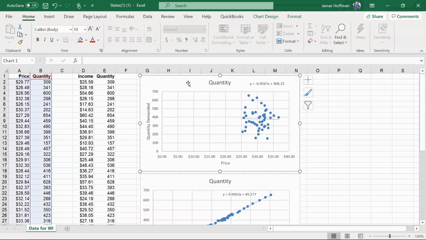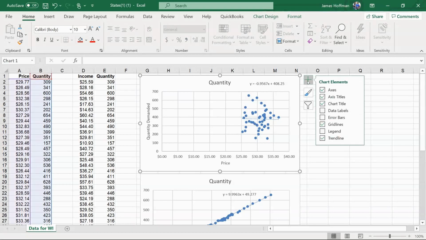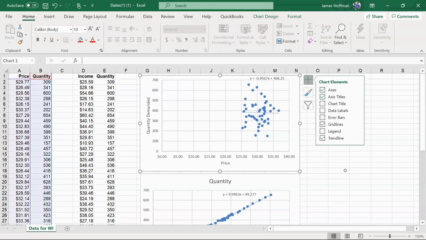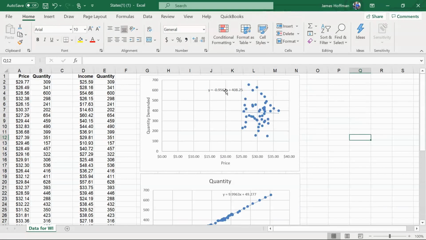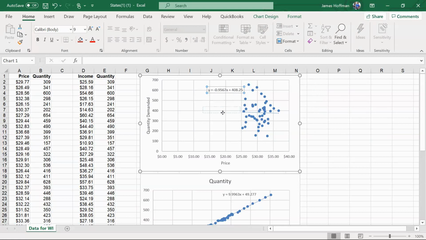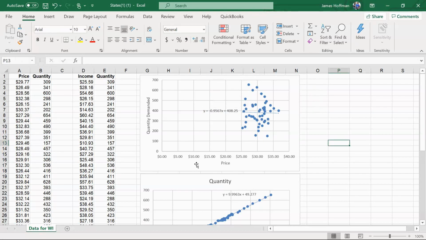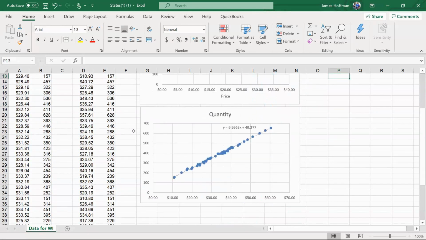And you don't really need the title here, but okay, and then I can label this one so I know this is income versus quantity.